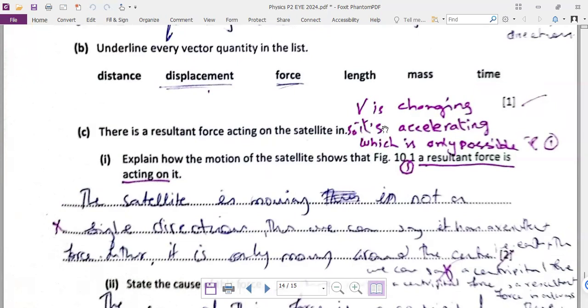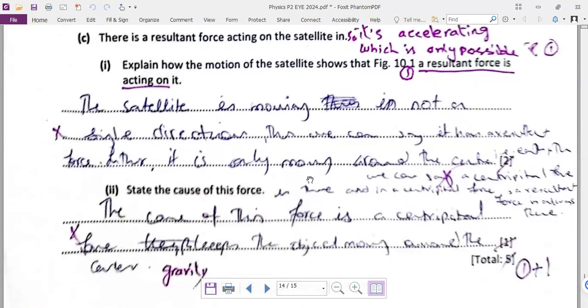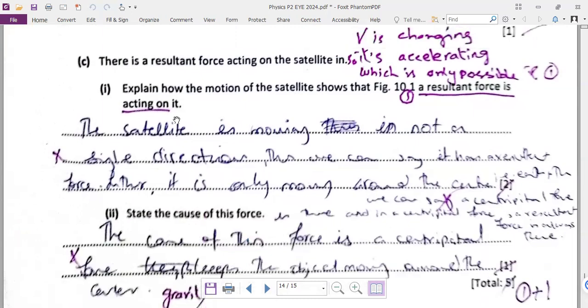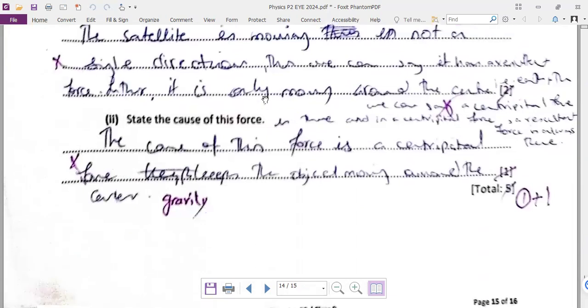So it is accelerating, sorry, velocity is changing, so it is accelerating, which is only possible if a resultant force is acting on it. And that's the reason. That's the answer. You can have your own answer, but make sure you answer the question of why a resultant force is acting if the object is accelerated.